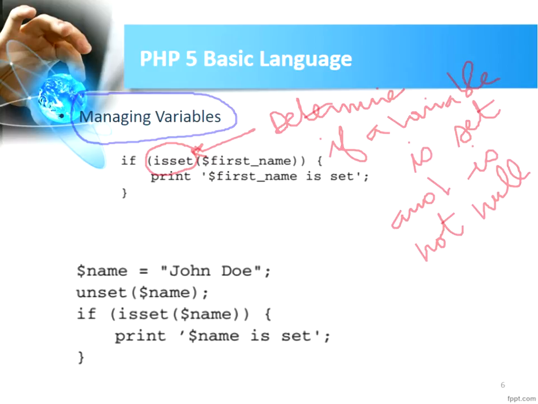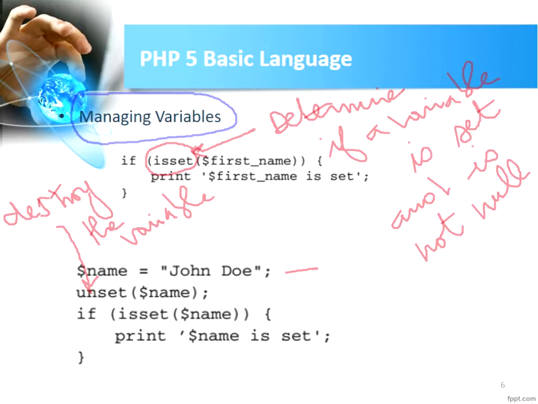This is the first function. The second one is unset. So unset destroys the specified variable. For example, here $name equals John Doe.